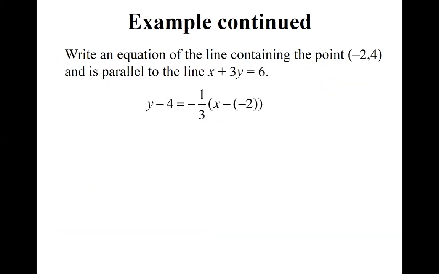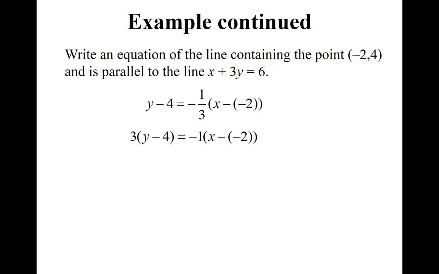So point-slope form. Let's get rid of that fraction first. Multiply both sides by 3. Distribute the 3 on the left.